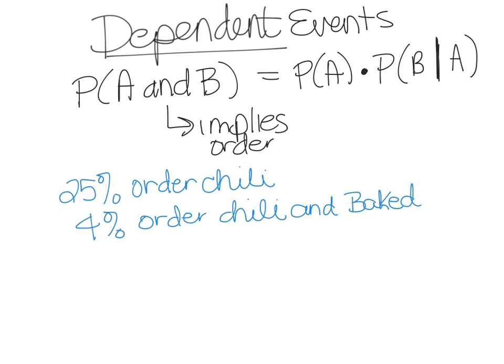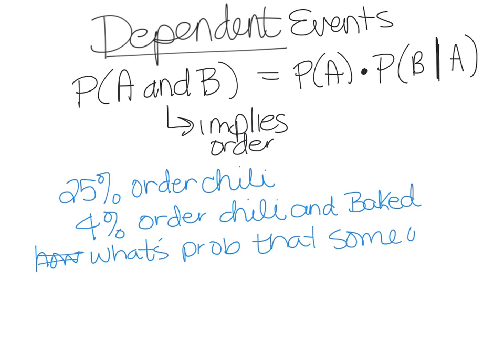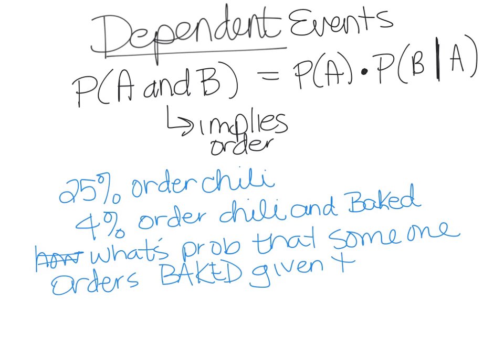So the question is, what's the probability that someone orders a baked potato given they ordered chili?